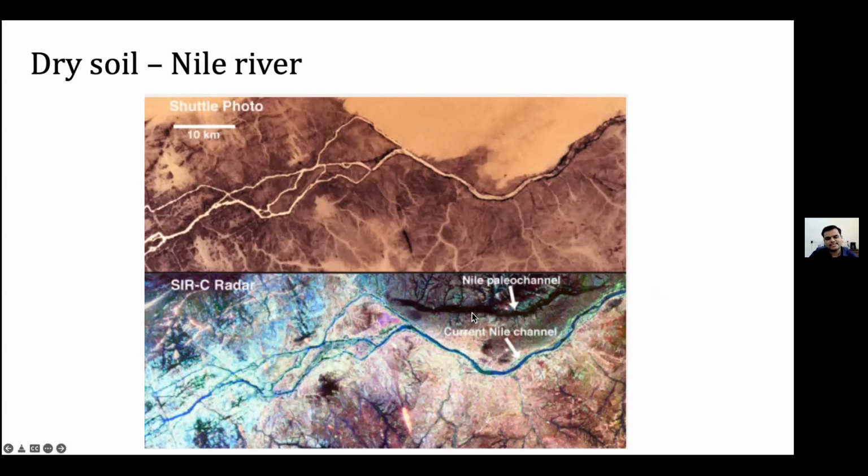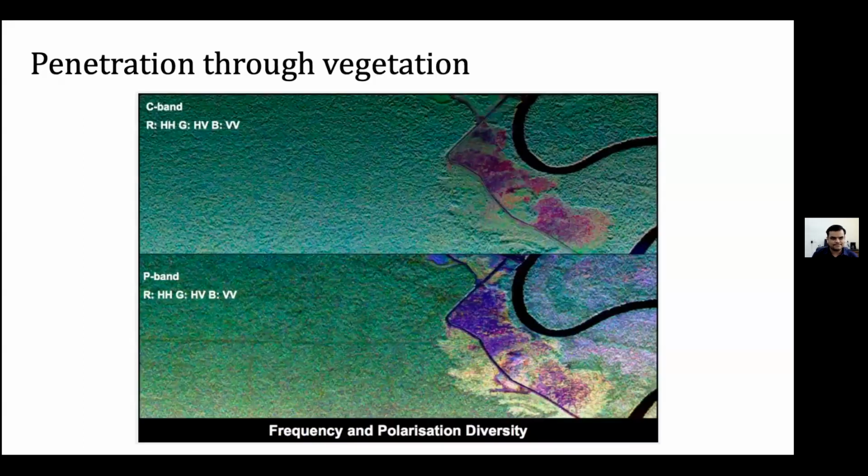The dark regions in SAR datasets are observed wherever there is a higher dielectric constant, which means higher soil moisture. So the Nile River still has some water that flows underneath this patch of the desert, and then it meets up with the current channel of the Nile. This information is much more easily visualized using SAR datasets.